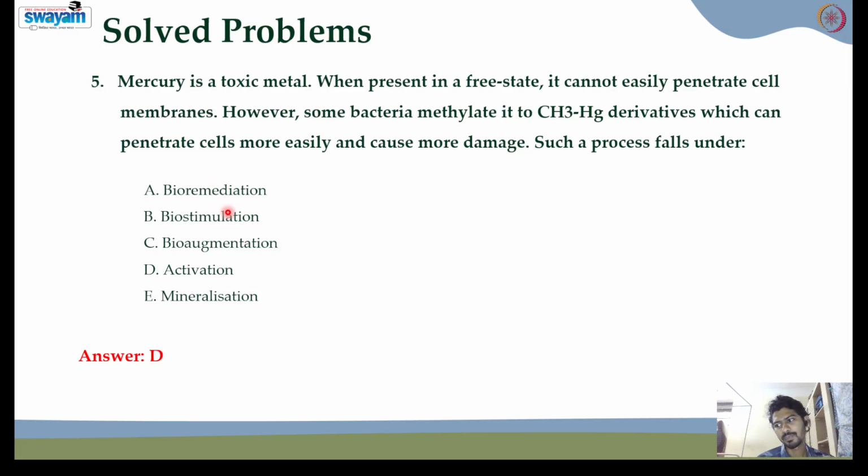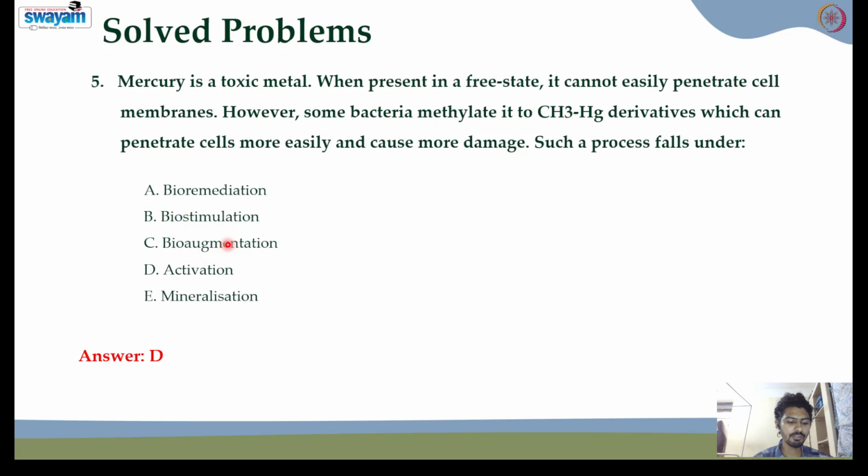Biostimulation means we give nutrients or change environmental conditions to promote biodegradation. But in this case, we are not giving any ingredient or environmental condition to the bacteria to degrade the mercury, so it is not biostimulation.